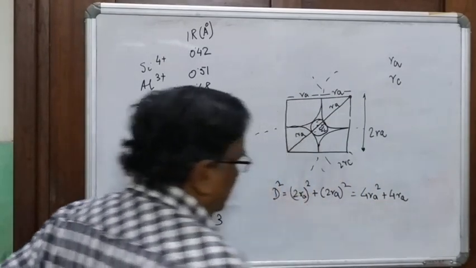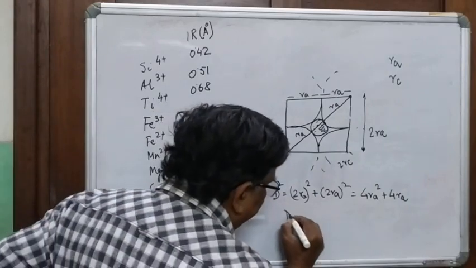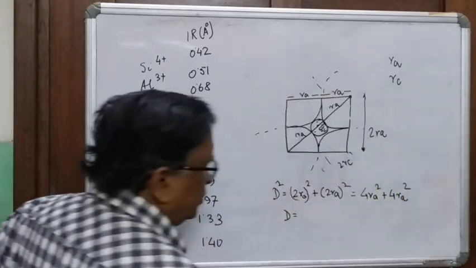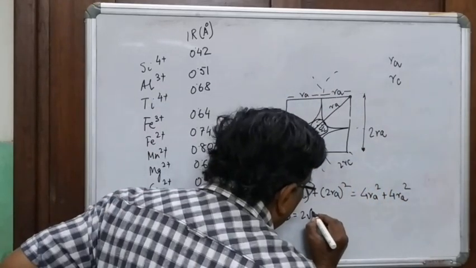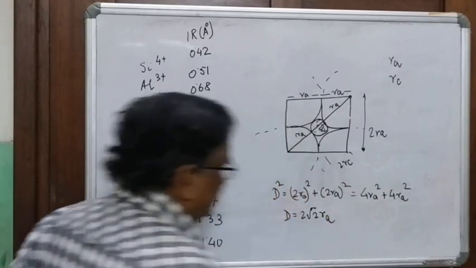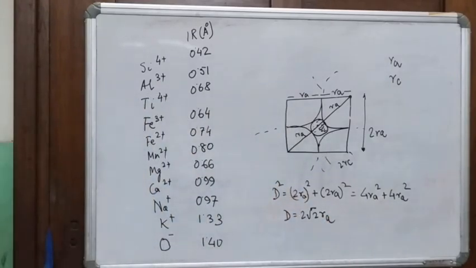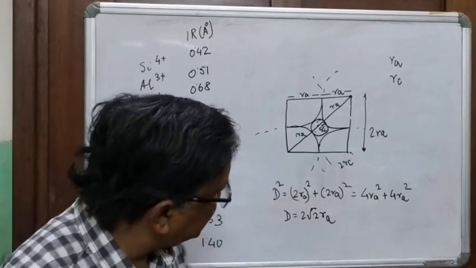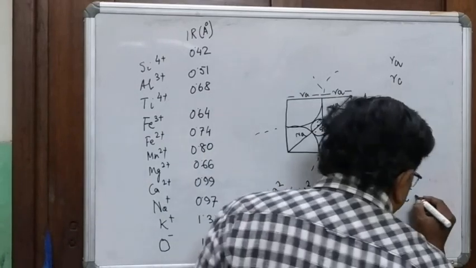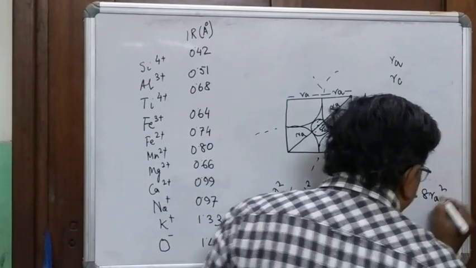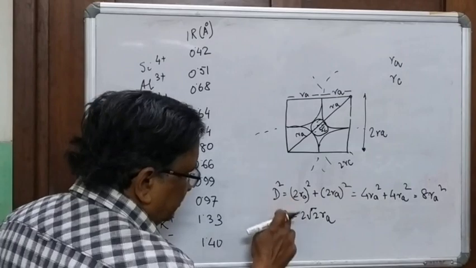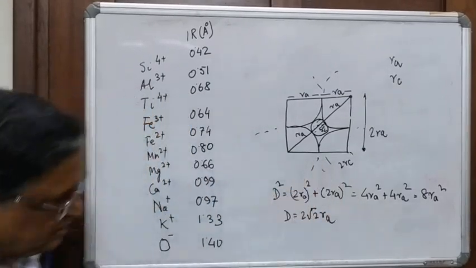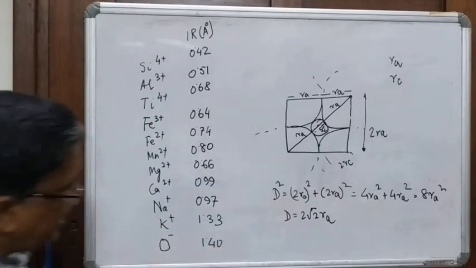So this is the long diagonal squared, and the diagonal D is equal to 2 root 2 RA. D squared is 2RA whole squared plus 2RA whole squared, 4RA squared plus 4RA squared, essentially 8RA squared. If you take out the roots, you have 2 into 2RA, since 4 into 2 is 8. So the diagonal is 2 root 2 RA.